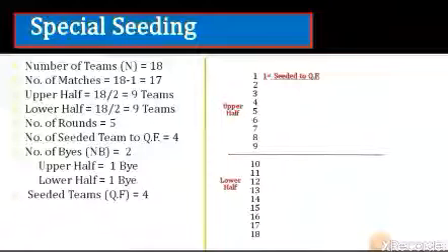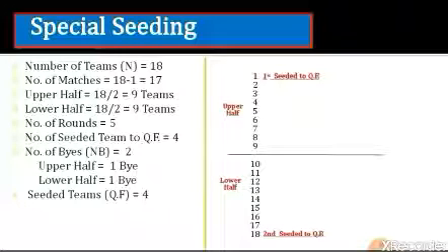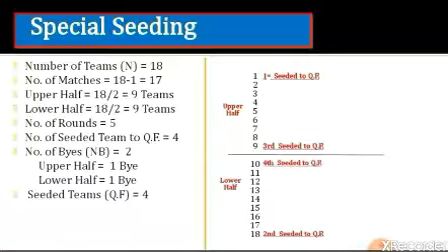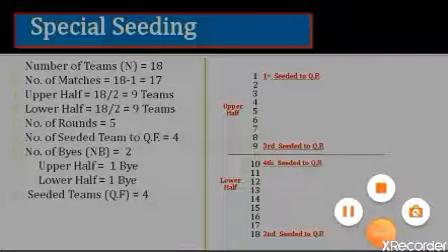The first seeded team is given to the first team of the upper half. The second seeded team is given to the last team of the lower half. The third seeded team to the quarter final is given to the last team of the upper half. The fourth seeded team to the quarter final is given to the first team of the lower half.